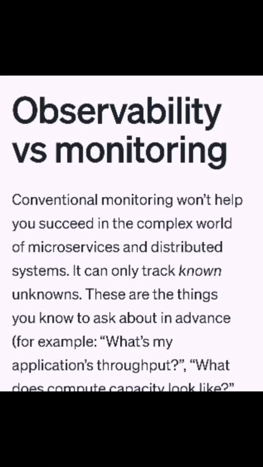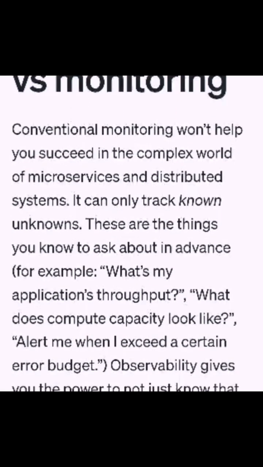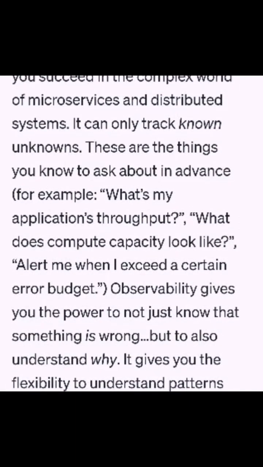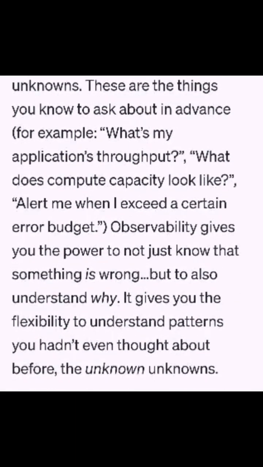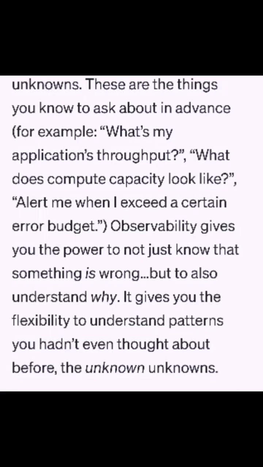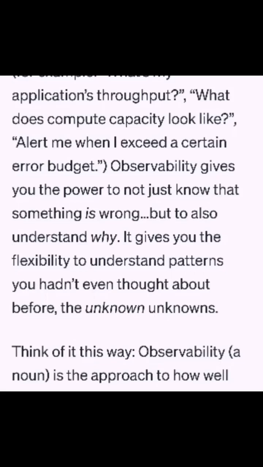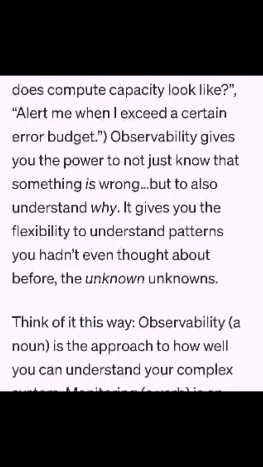Here is observability versus monitoring. Conventional monitoring will not help you succeed in the complex world of microservices and distributed systems. It can only track known unknowns. These are the things you know to ask about in advance.